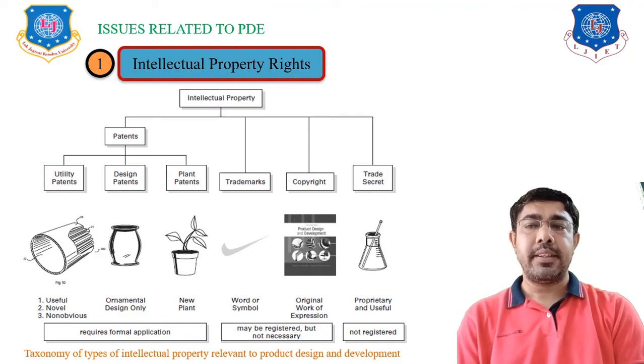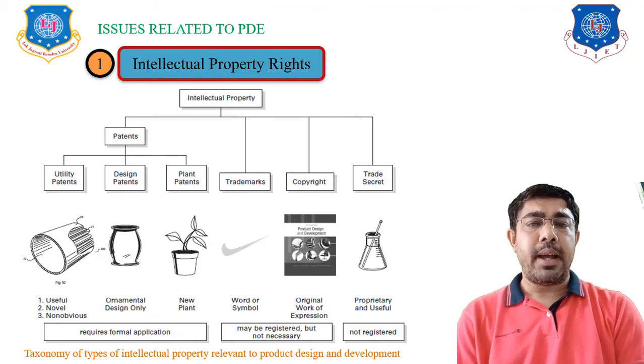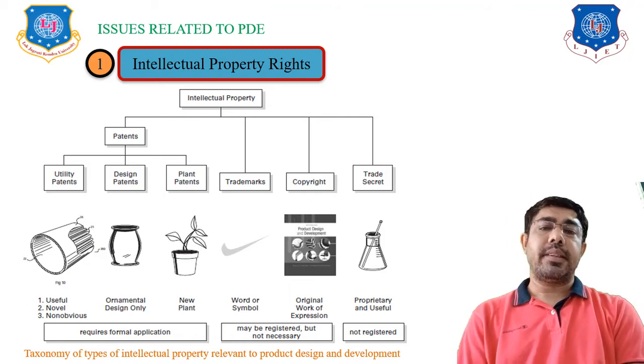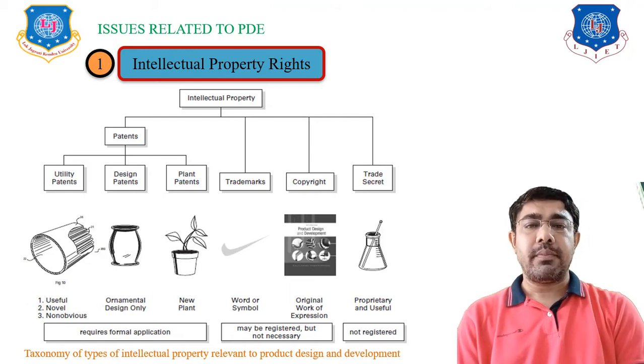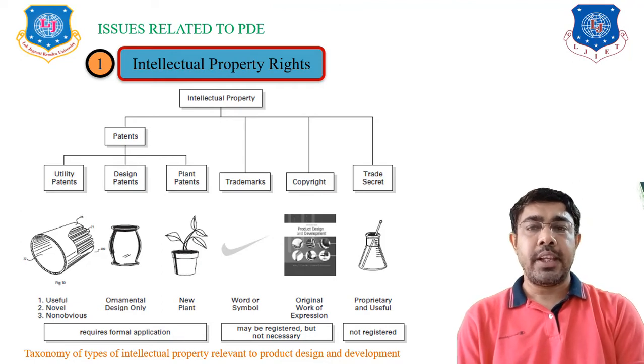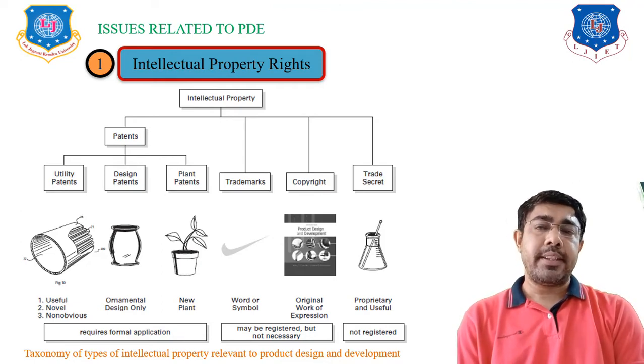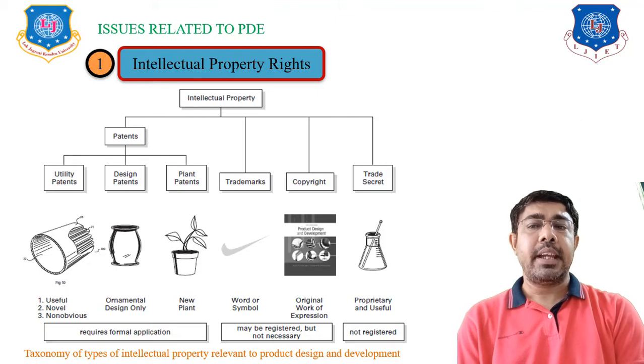First is the patent, second is the trademark, third is the copyright, and fourth is the trade secret. In patents there are basically three types: utility patents, design patents, and plant patents.